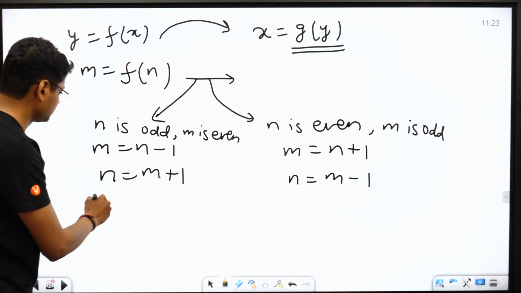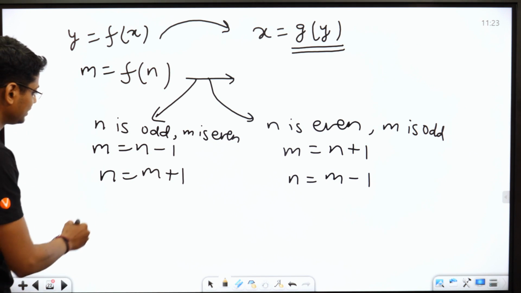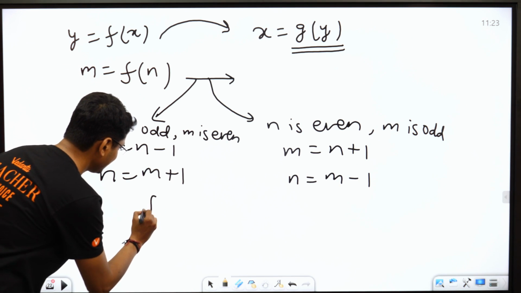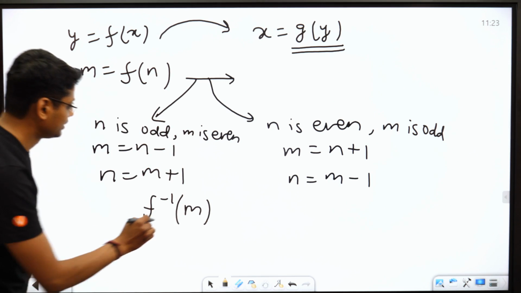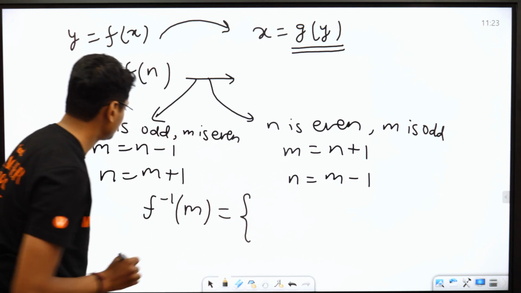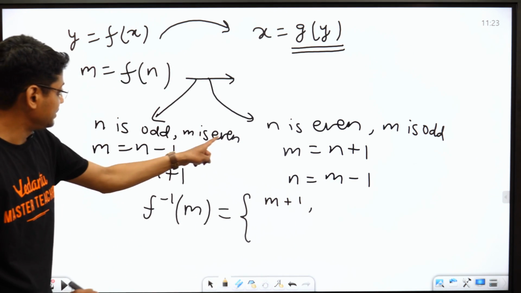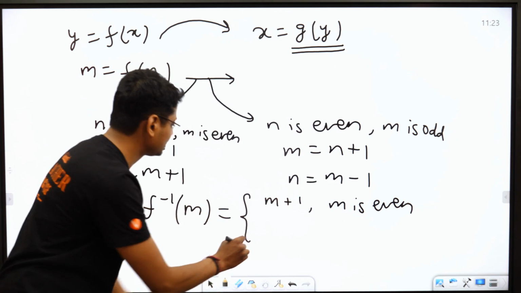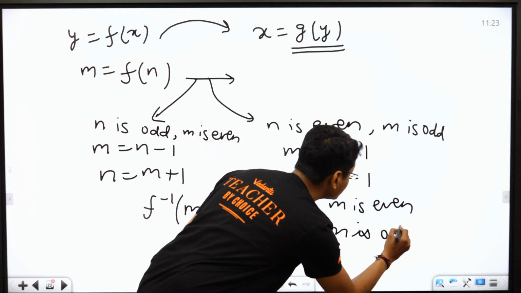So here I can say, in a similar way, that the inverse f inverse of m is equal to m plus 1 when m is even, and m minus 1 when m is odd.